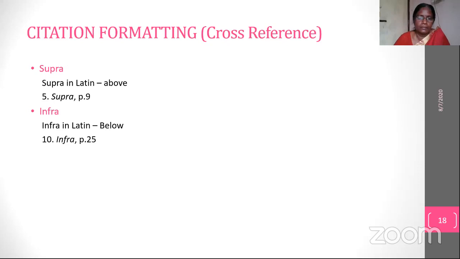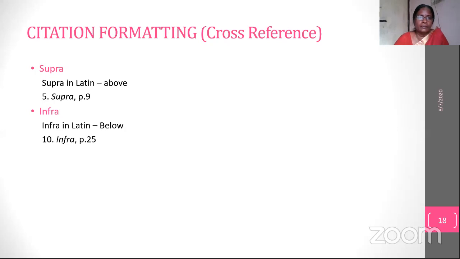For example, reference number 15: I have to put 15 and then put Supra, page number 9. That means reference 15 is saying that you have to refer to the article, page number 9. Let me explain again. My article consists of 25 pages.